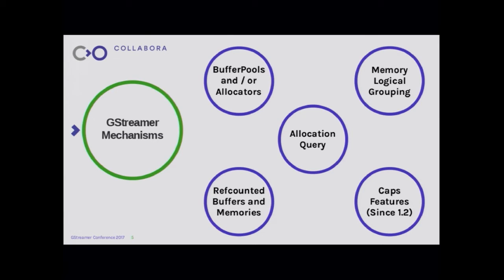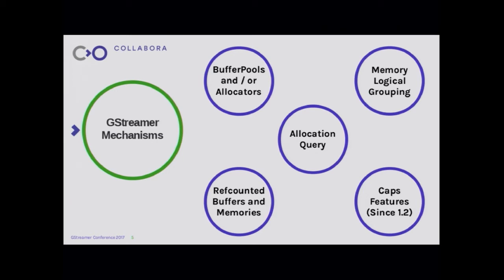You have the ability to share a pool of memory using buffer pools. All the buffers in memory are ref counted. That's important in zero copy because you're going to allocate memory and give it to another element, and at some point you need to track the lifetime of that memory. Ref count is quite a key here. With just malloc and free randomly, it would be really hard to manage.